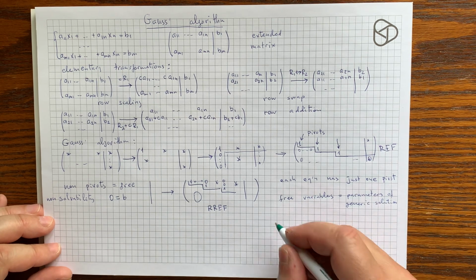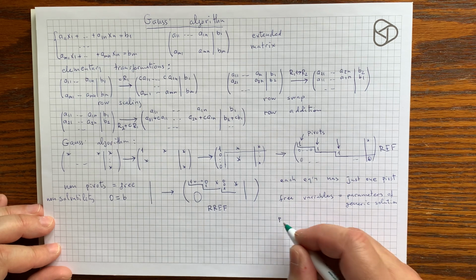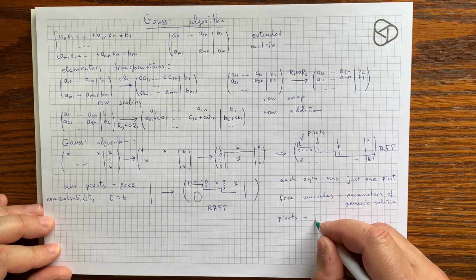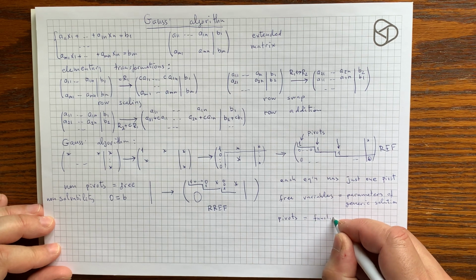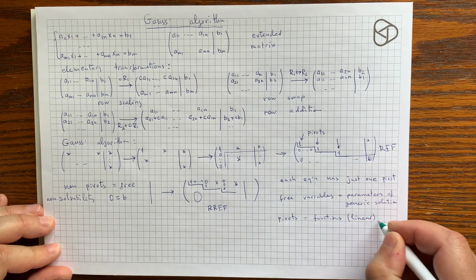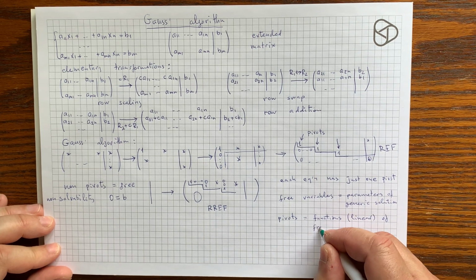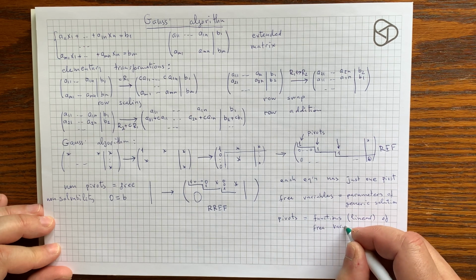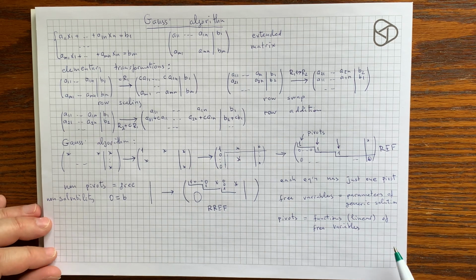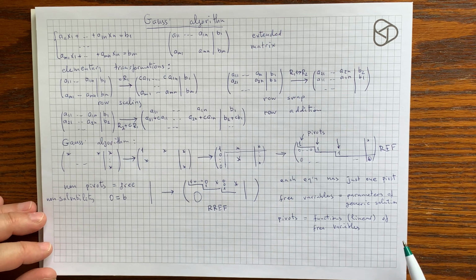And then pivots are linear functions of free variables, of these parameters. So that is as best as we could do in a generic case where, say, the solution is not unique and we have free variables.